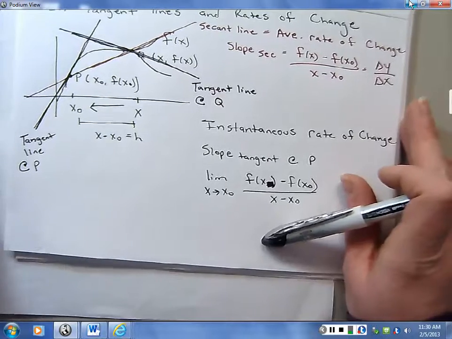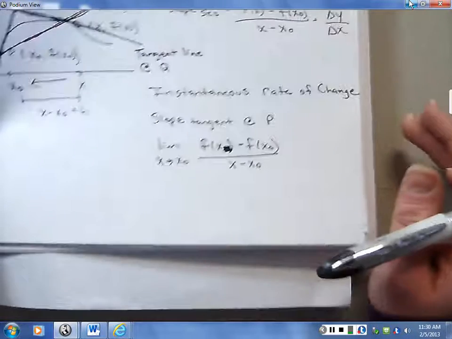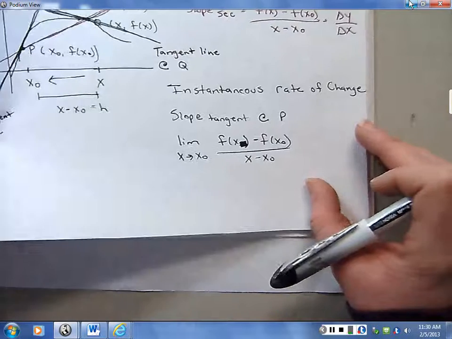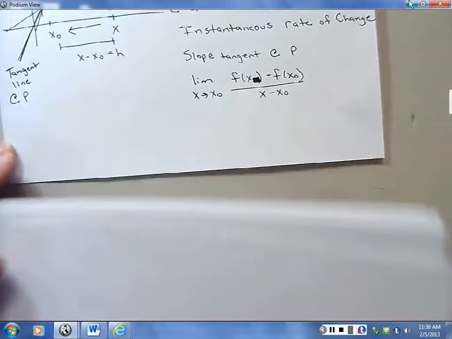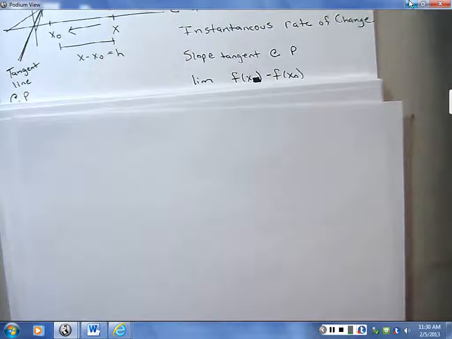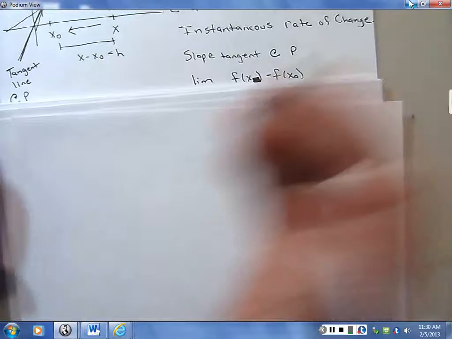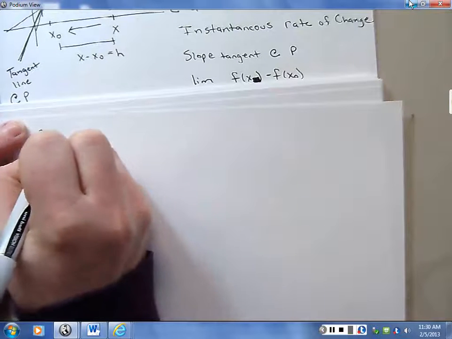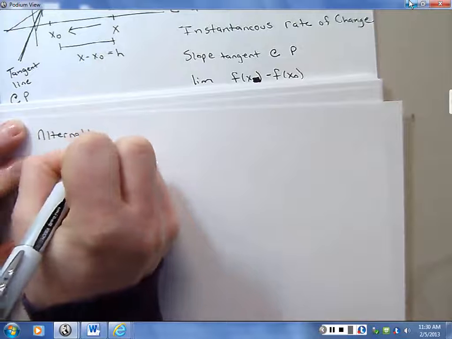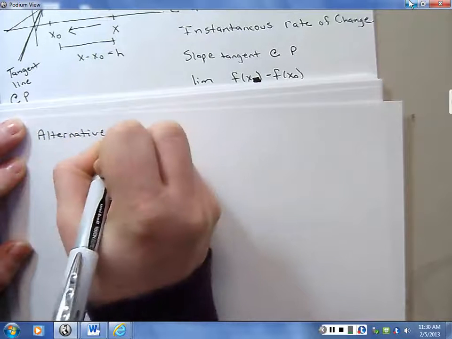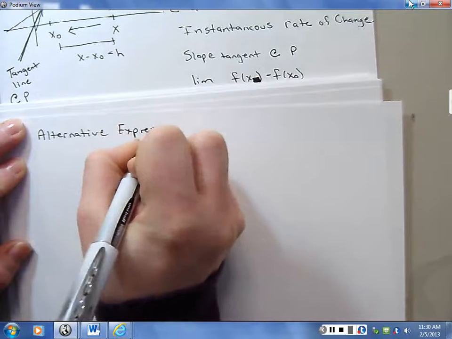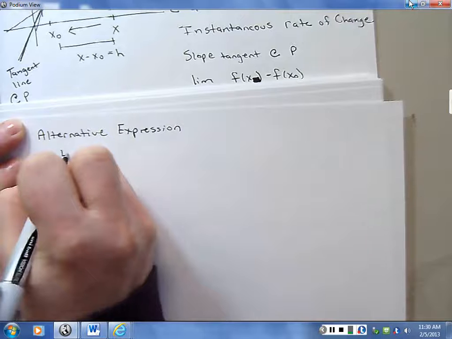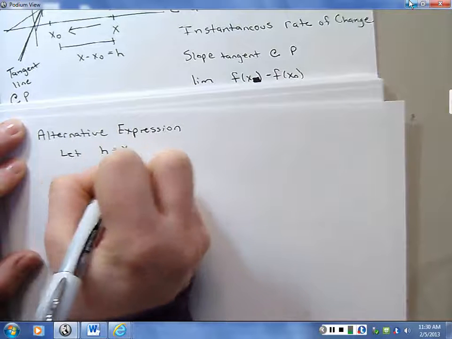So your book gives an alternate expression for this. I'm going to draw another graph down here, an alternate expression before we get into too many examples. And they say, let's call h x minus x naught.